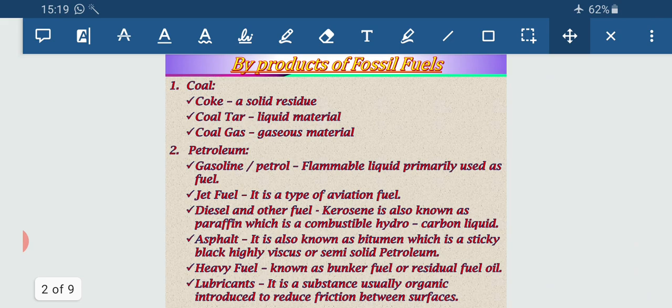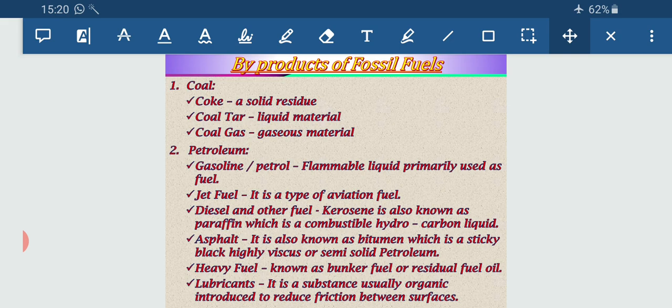Now, the first one is related to coal. Coal has three byproducts: a solid which is termed as coke, a liquid material which is termed as coal tar, and a gaseous material which is termed as coal gas.